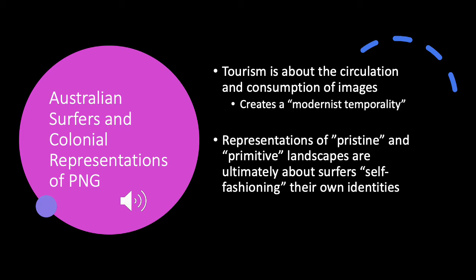And so what happens here is that these mass-produced images create what she calls a modernist temporality, or an understanding of time that is especially modernist. This is another way of saying basically the same ideas of social evolutionism: the idea that there are more primitive peoples who are stuck in the past and more advanced civilized people at the top of the social hierarchy.